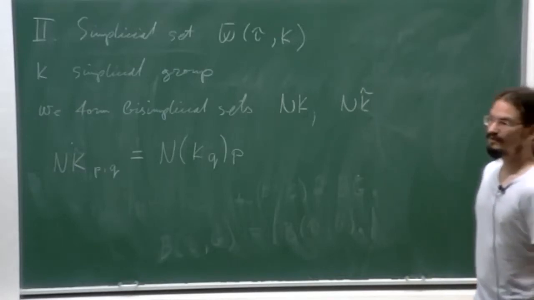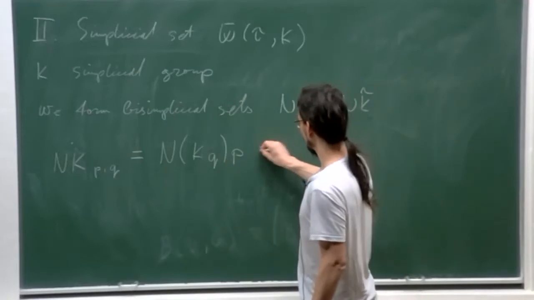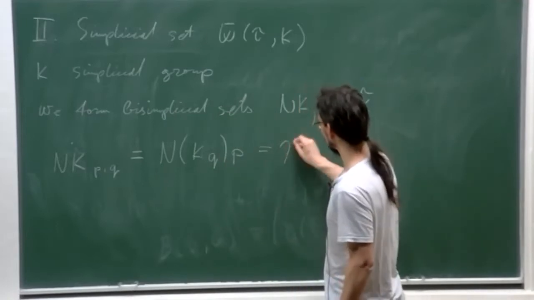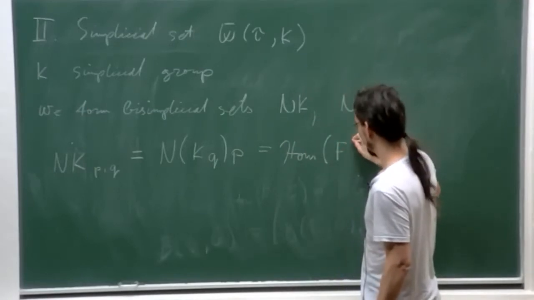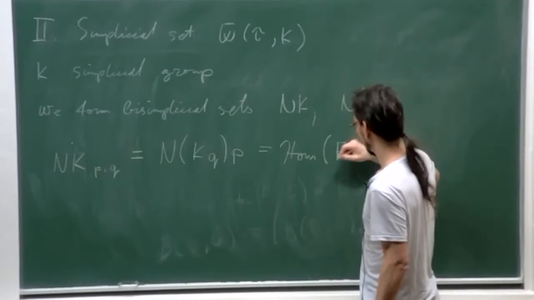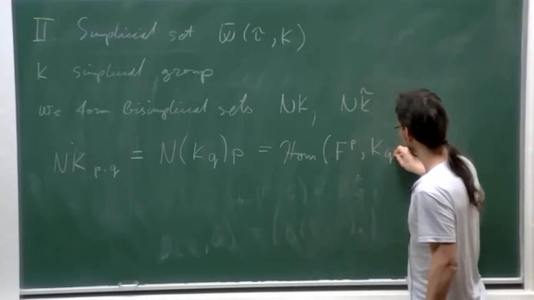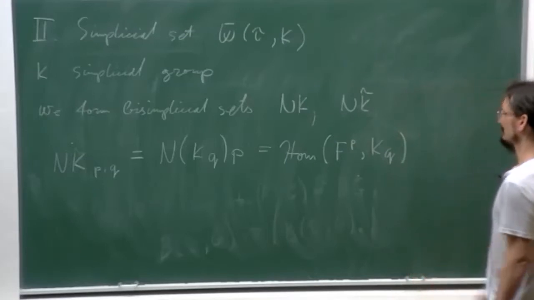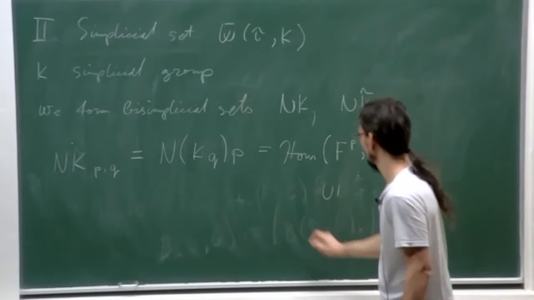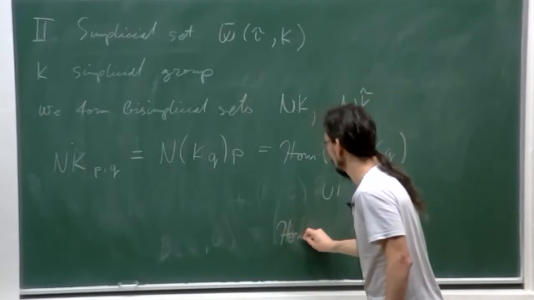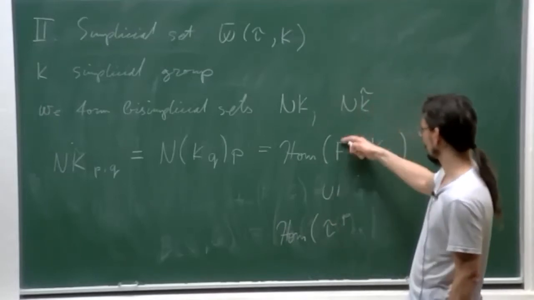And then just like in the topological case, you can say that this is the same as Hom of F p, K q. And then once again, you can take a subobject, given that tau is of quotient type, so you are equipped with this thing.